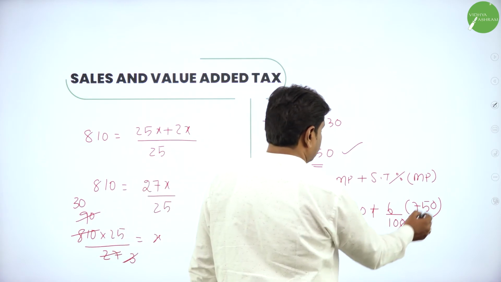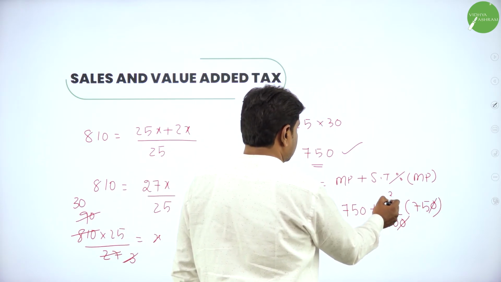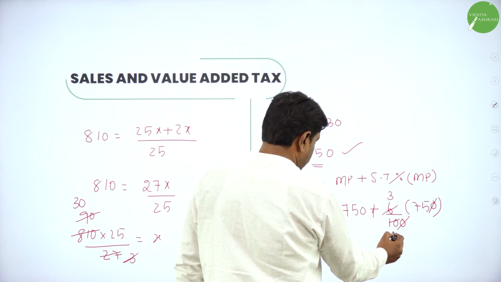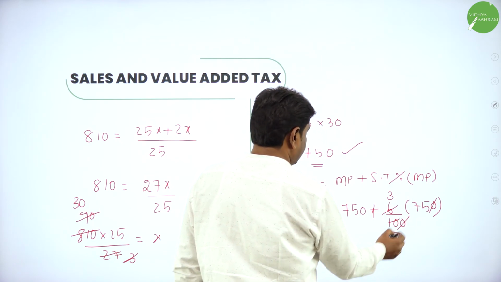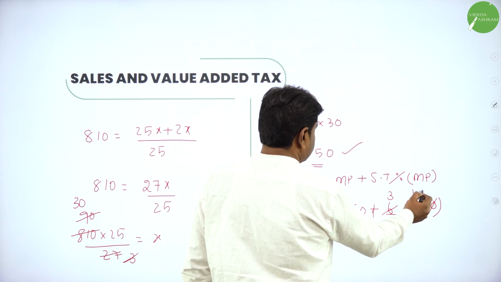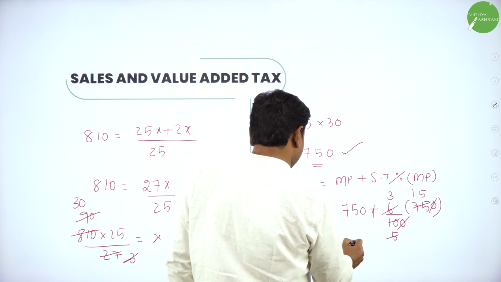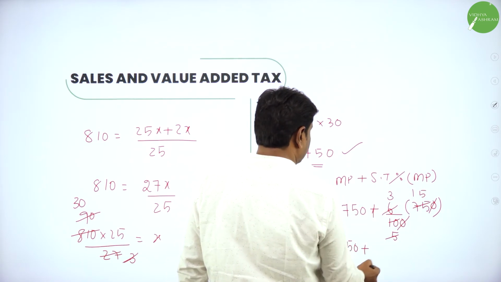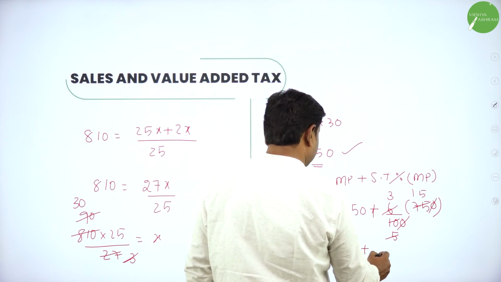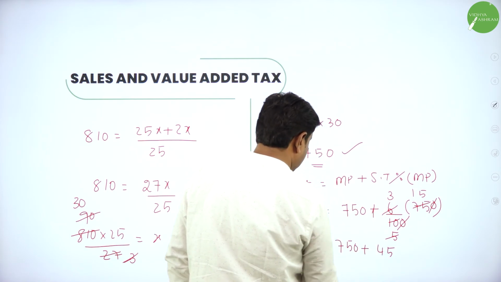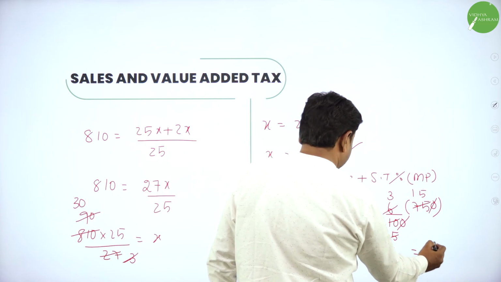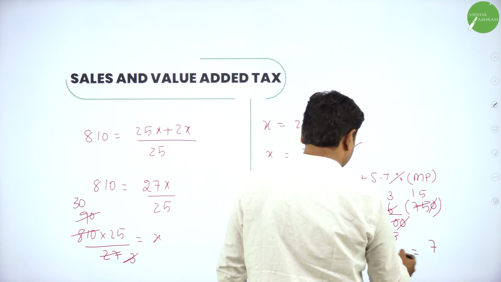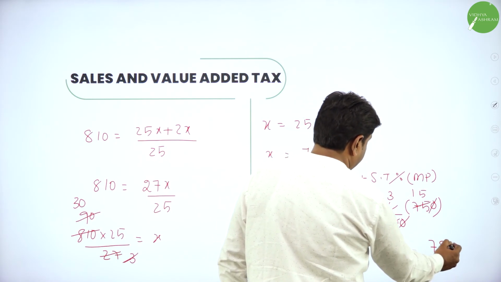So the zeros cancel, and 2 threes are 6, then 5 ones are 5, so 750 rupees plus 15 into 3, 45 rupees. So add this. It becomes 750 plus 45, 795 rupees.